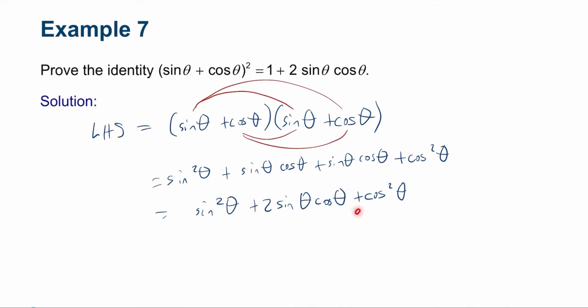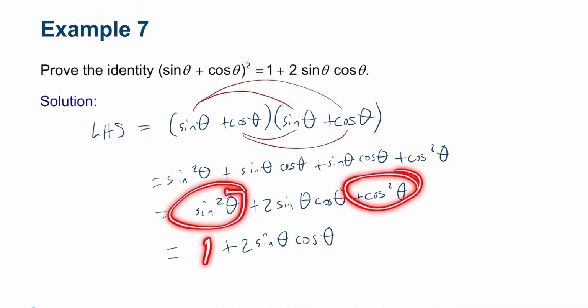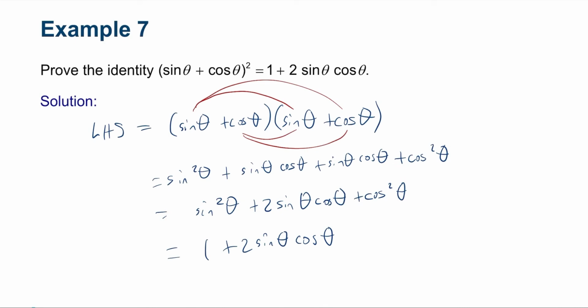Sine squared plus cosine squared, hopefully you recognize that identity as being 1. So these two terms just become 1. So I turned this and this into 1 by the Pythagorean identity. And that's exactly what the right-hand side is. So that completes our proof.